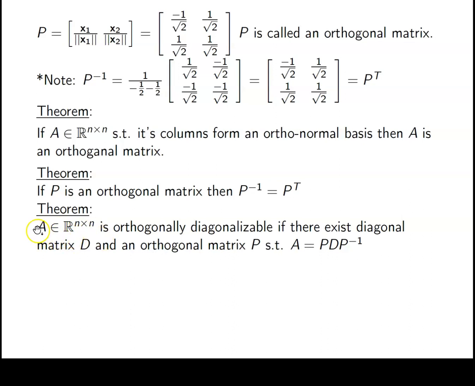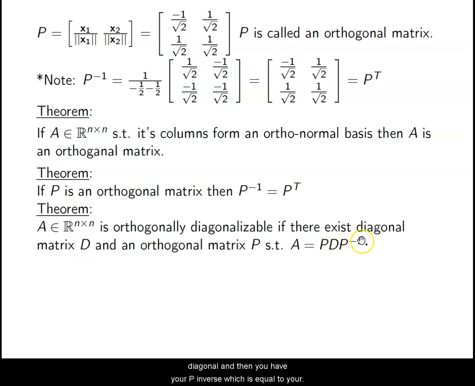So again, if you have a symmetric matrix, it is orthogonally diagonalizable, meaning that you can break it down into 3 matrices, where one of the matrices is an orthogonal matrix. The other one is a diagonal matrix, which will have your eigenvalues inside of it along the main diagonal.